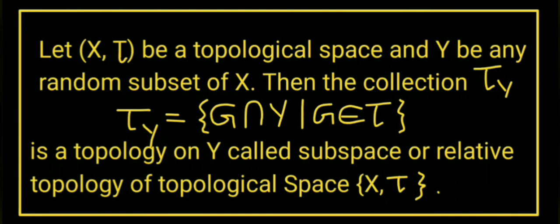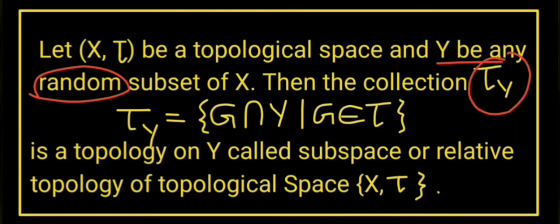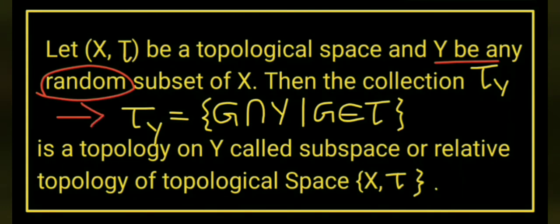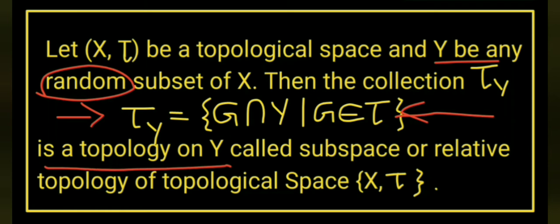Let (X, tau) be a topological space and Y be any random subset of the set X. Then the collection tau Y, we have given this topology a special notation tau Y so as to identify that this tau Y is the topology on the set Y and simple tau is the topology on the supreme set, that is X. So here tau Y is the collection of members such that G intersection Y, here G is an open set of the set X, and this is the topology on Y, which is called subspace or relative topology of the topological space (X, tau).